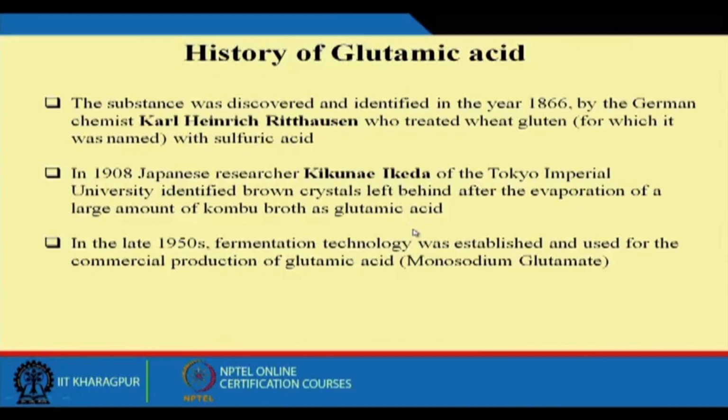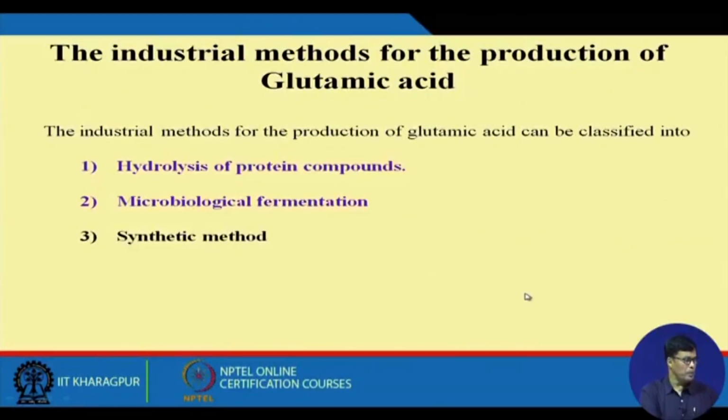The kombu broth is a kind of fermented product, that if you evaporate, some brown crystal remains, and they identified this as glutamic acid. In the late 1950s, the fermentation technology was established and used for the commercial production of glutamic acid, and mostly we target the production of monosodium glutamate.